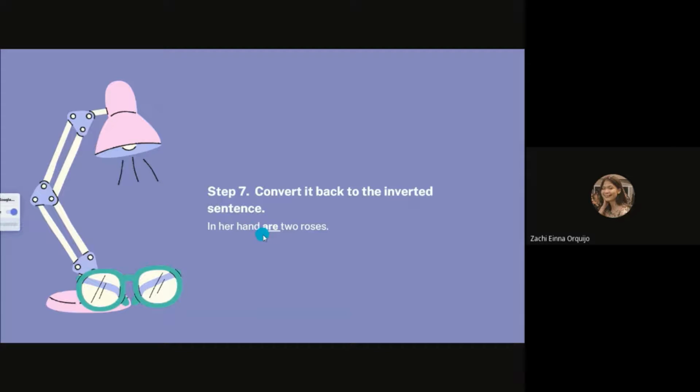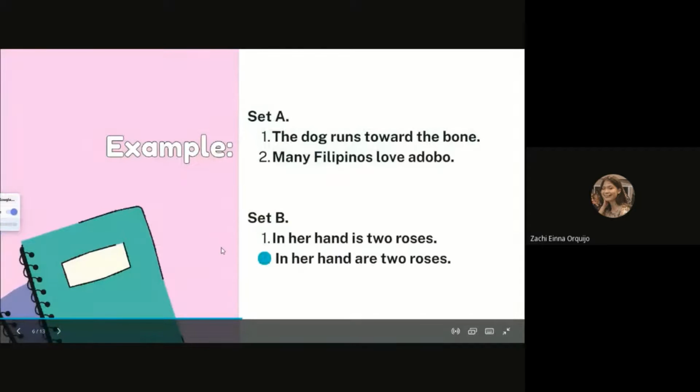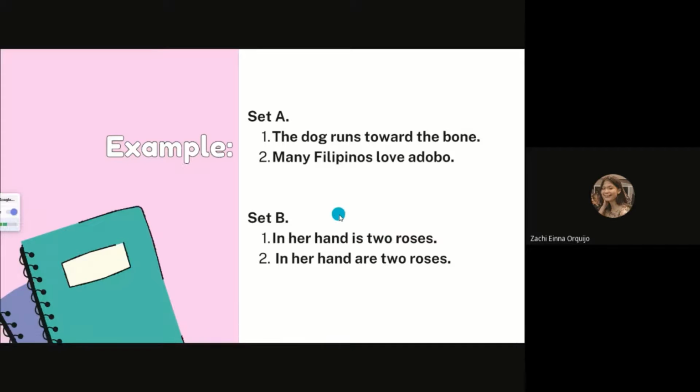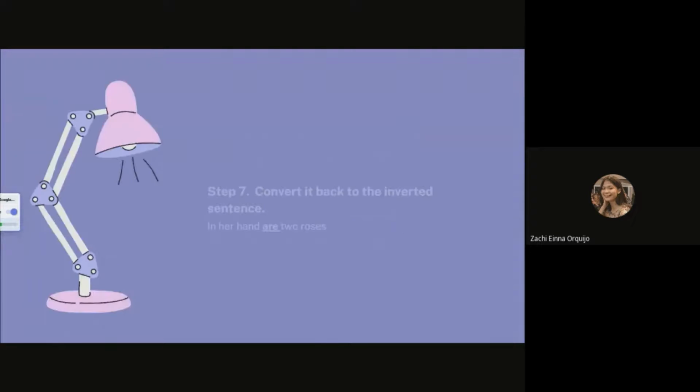Ibig sabihin, yung pinakatama dito sa dalawang ito ay ito yung number 2. In her hand are 2 roses. Hindi itong una kasi mali ito. Okay? So, ganun natin malalaman if tama ba yung gagamitin nating verb kapag inverted sentences yung na-encounter natin or gagawin natin. Okay? So, we have step 1 to step 7.